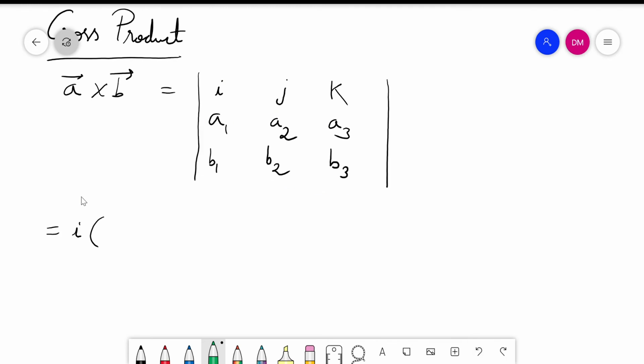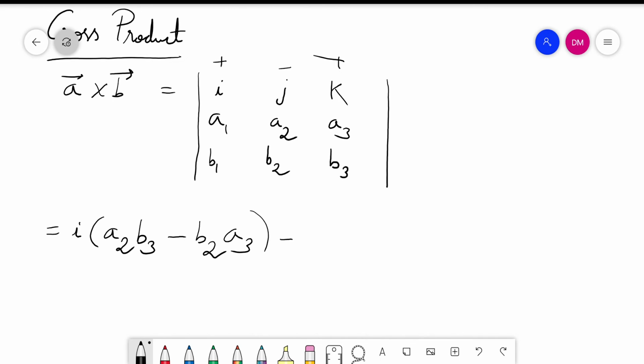Then this will be a2b3 minus b2a3. And remember, this is plus, this is minus, this is plus, as we had learned earlier in determinants.